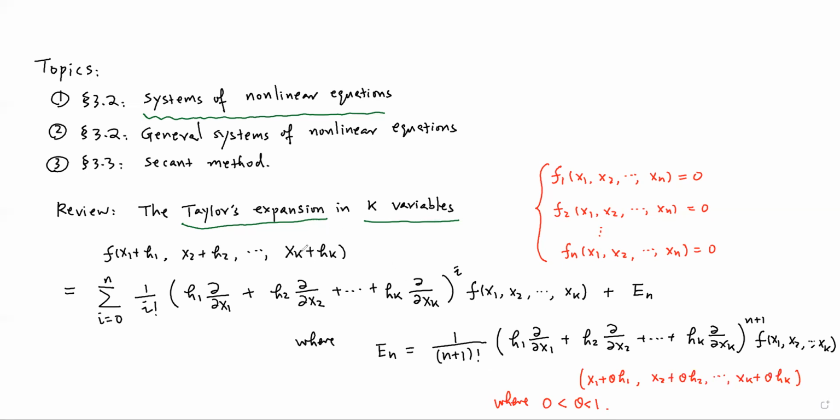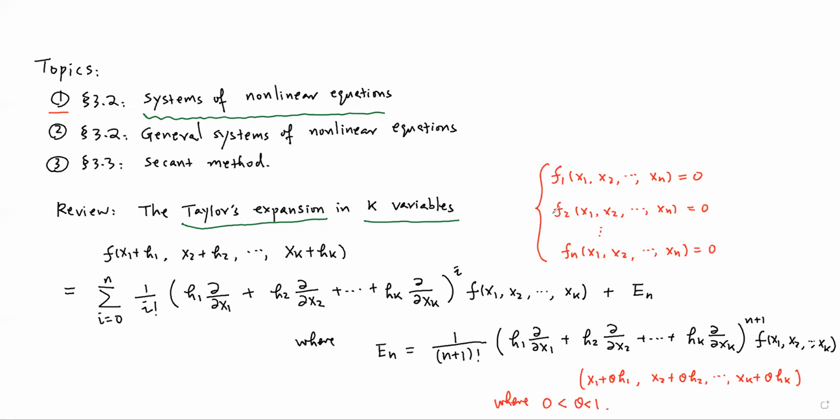Now, today, we need this expansion, Taylor's theorem, to derive Newton's method for a system of equations. First topic: let's consider a simple case, a system of two equations in two unknowns.